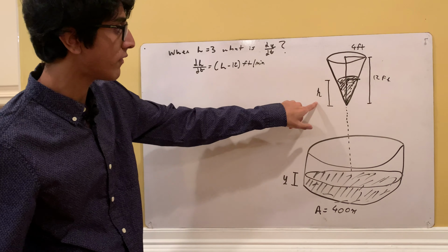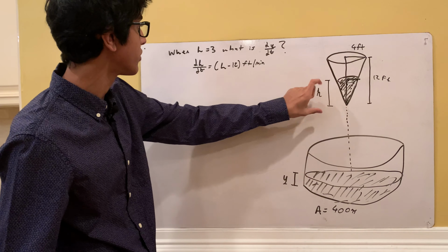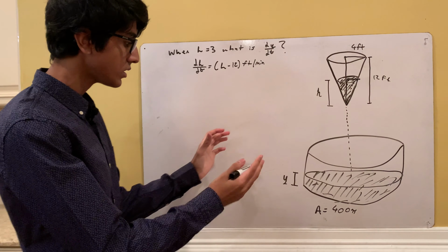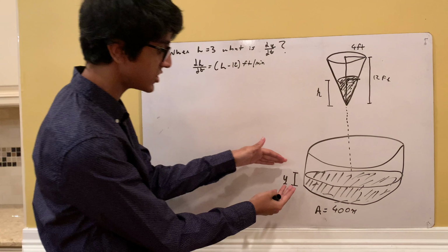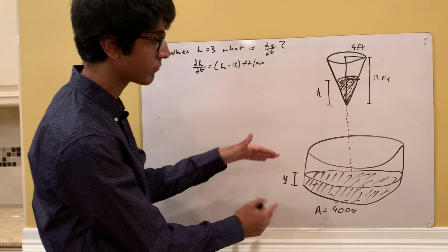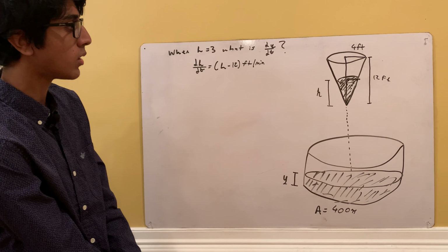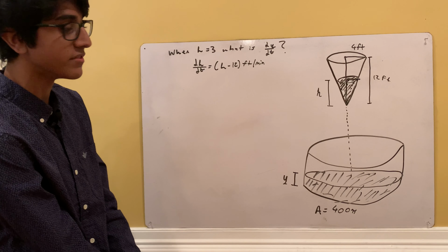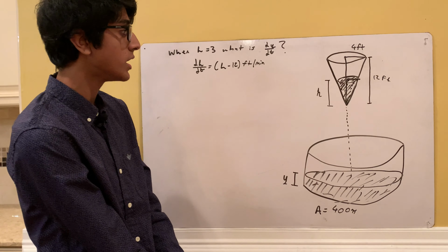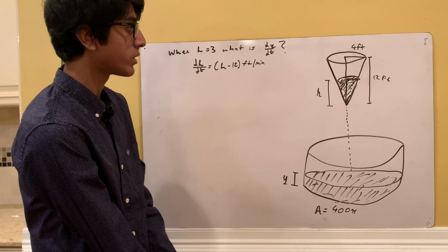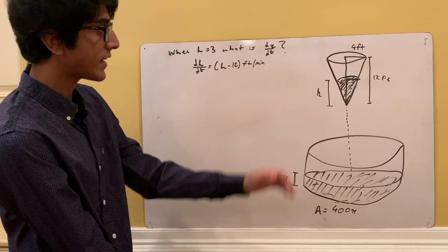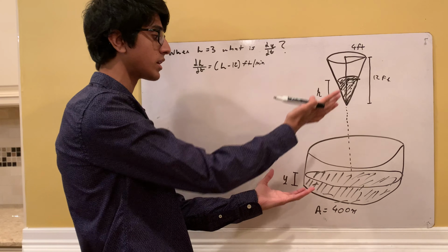So when the height of this liquid is 3, what is the change in the height of the second liquid? I think the best way to approach this problem would be to figure out dV over dt, which is the change in volume with respect to time, because that's how we can relate these two containers to each other.